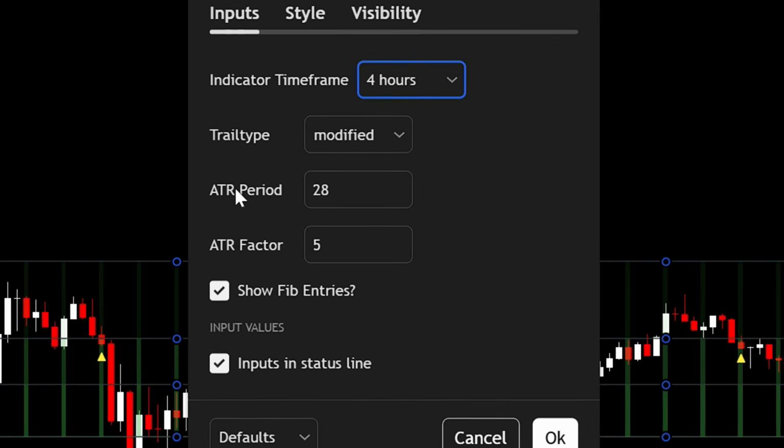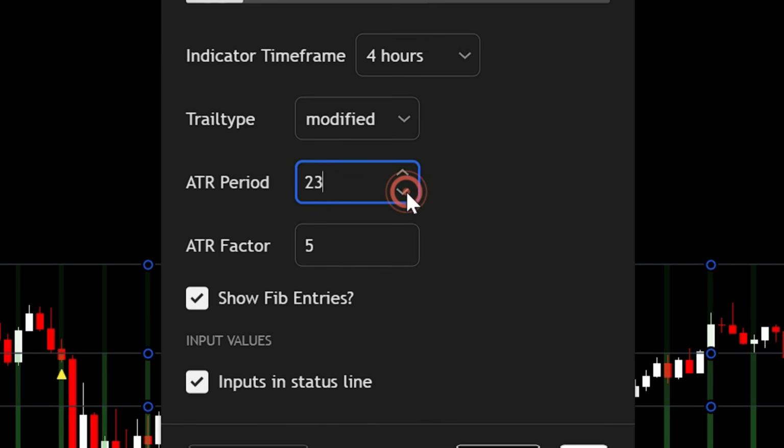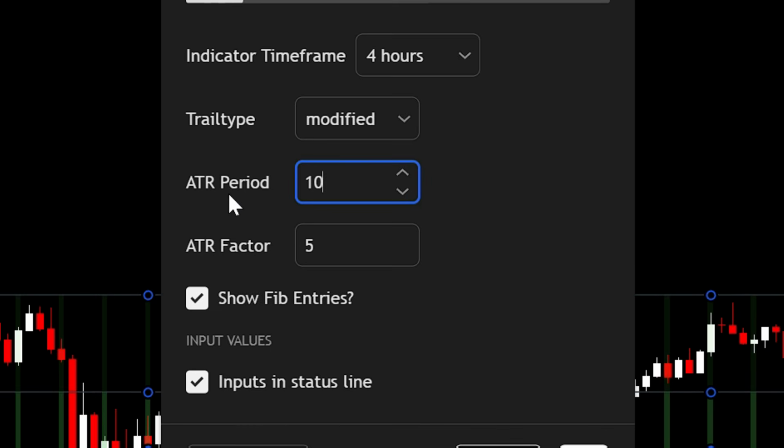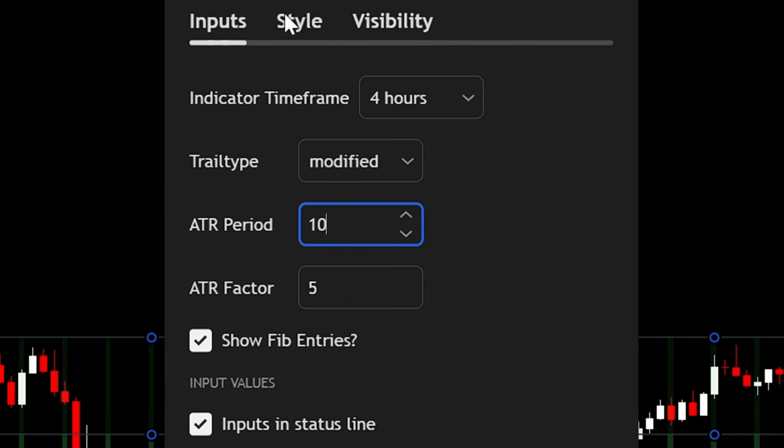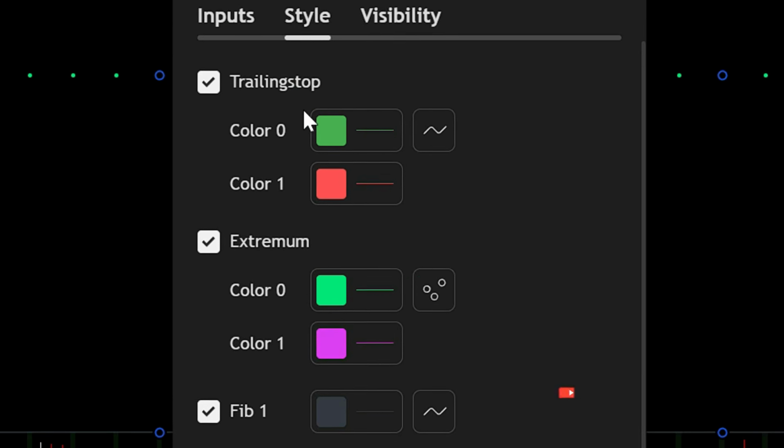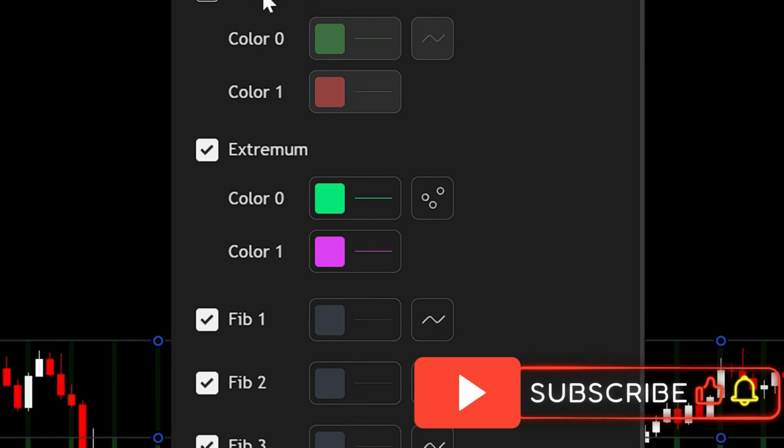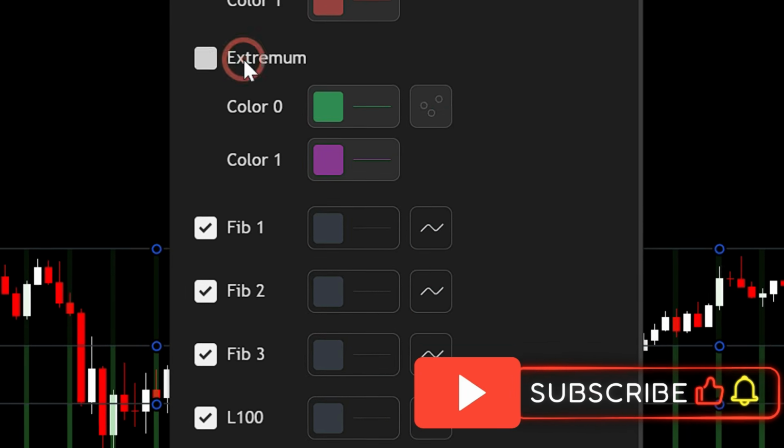Next, I adjust the ATR period to 10. Then leave the ATR factor alone. Then I clean up the chart in style, disabling everything except the Fib options and the plot background colors.